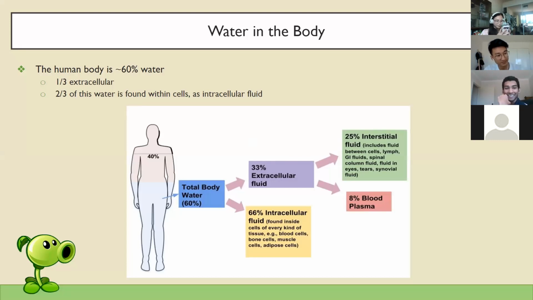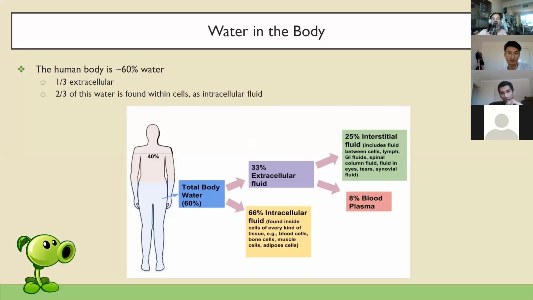So body fluids, basically, he starts, like I'll try and cover what he went through, but it's probably not going to be as good, sadly. But that's okay. So pretty much the background for it is the human body is 60% water. And 1/3 of that is found as extracellular fluid, and 2/3 of that is found as water within the cells as intracellular fluid.